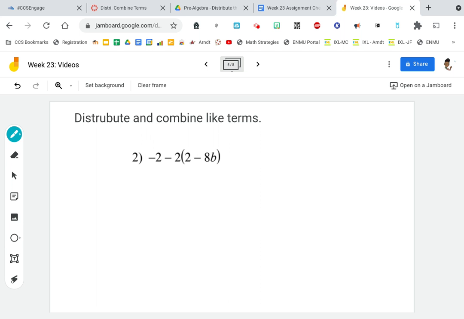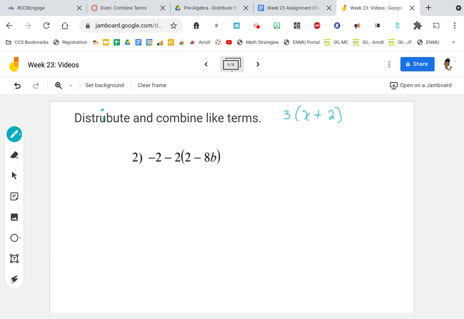I'm going to go ahead and tell you guys that it is very important that we pay attention to our signs. So when we distribute something, it's like we're giving something out, okay? So we're used to our distribution looking like this, something like 3 in parentheses times x plus 2.